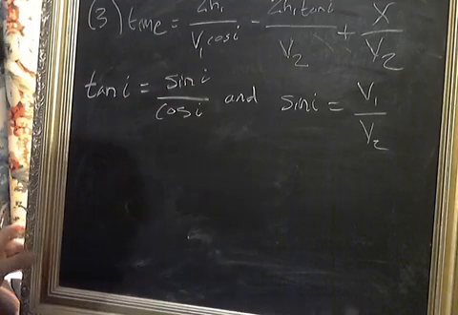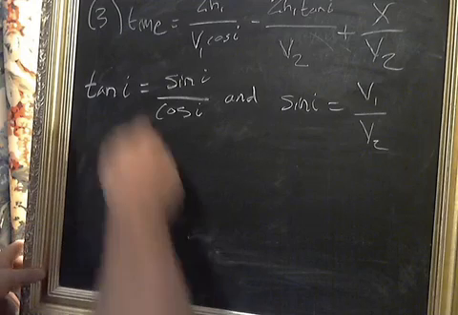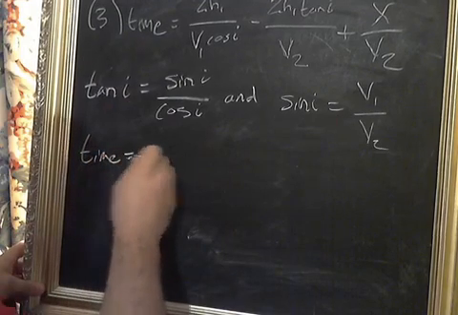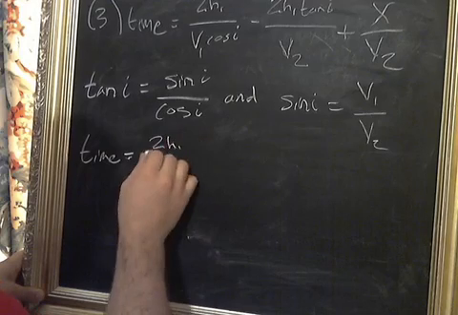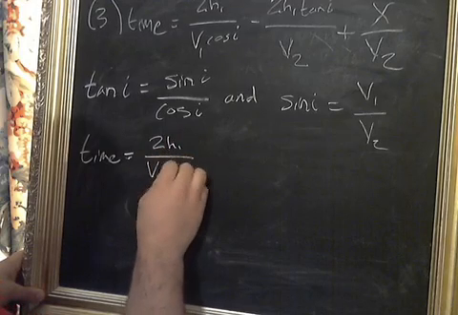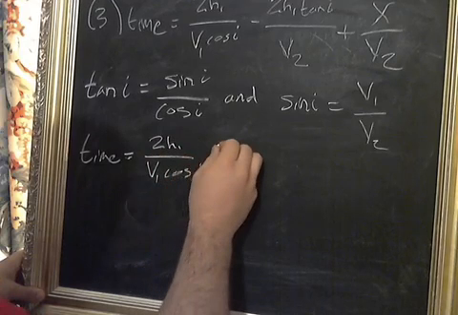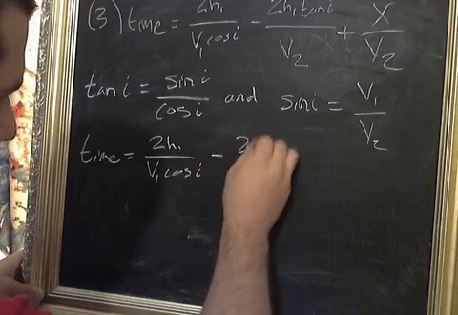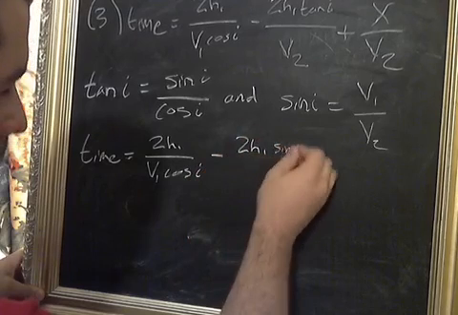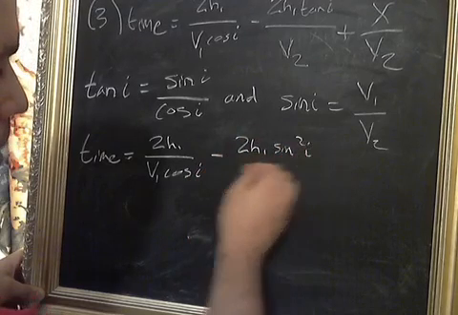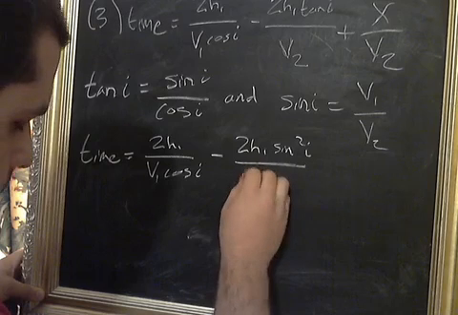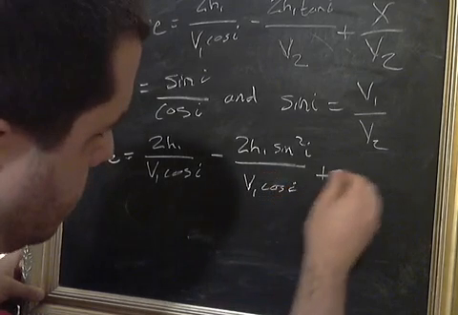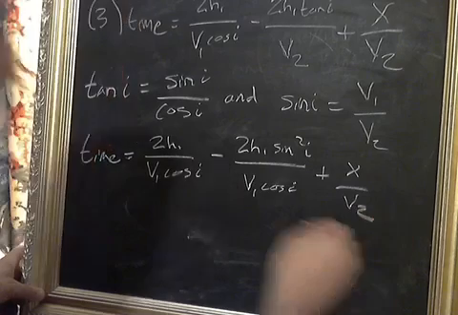Actually, let me draw it out for you and then simplify it, right? So we modify equation 3 with these two relationships, and that directly yields time equals 2h1 divided by v1 cosine I, minus 2h1 sine squared I divided by v1 cosine I, plus x over v2, right?